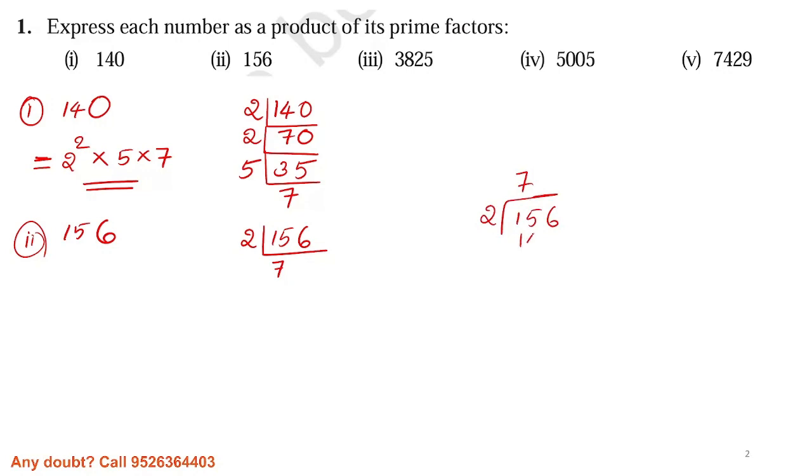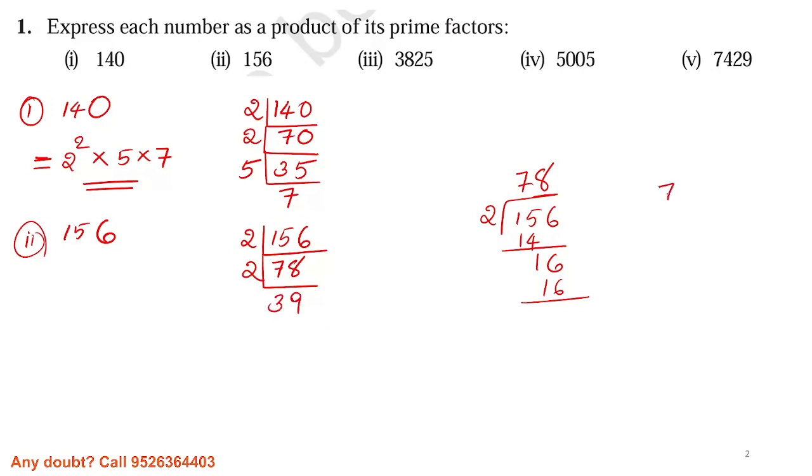I think you are familiar with the division. 156 divided by 2, you will get 78. You have to divide only by a prime number, 2. 78 by 2 will be 39.